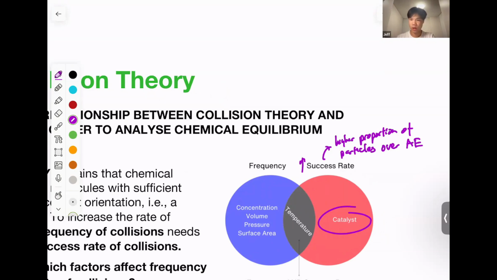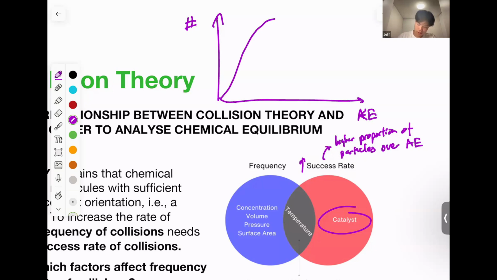A higher proportion of particles over activation energy is really what is causing a higher success rate of collisions. And we can justify that using the Maxwell-Boltzmann curve.